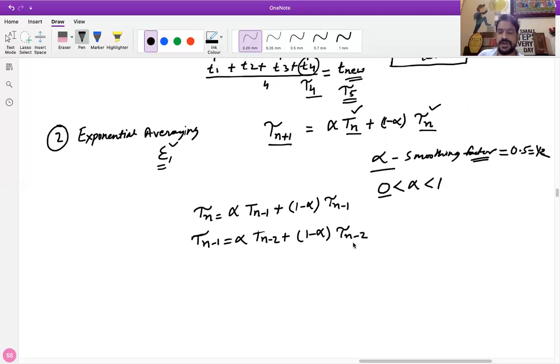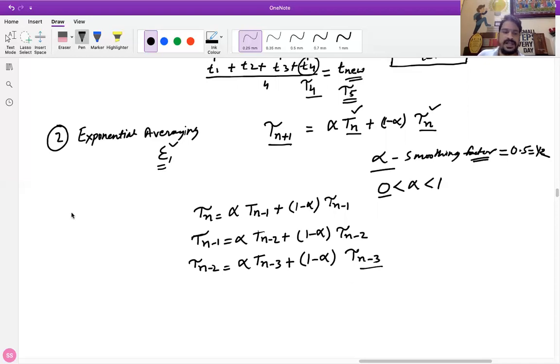Let's say I want to calculate this tau of n minus 2. So what is tau of n minus 2? Tau of n minus 2 will be alpha t of n minus 3 plus 1 minus alpha tau of n minus 3.